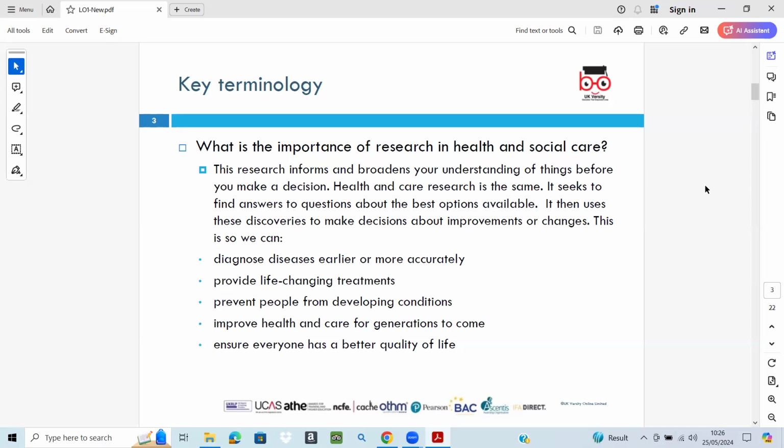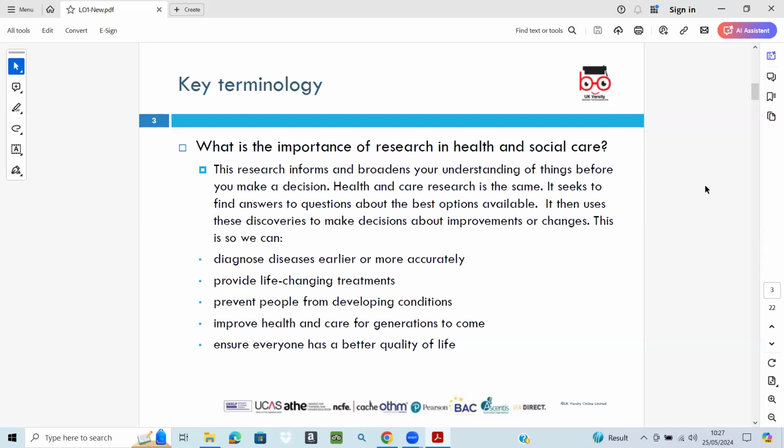Then improving health and care for generations to come. Research contributes to the development of long-term health strategies that ensure better health outcomes for future populations.